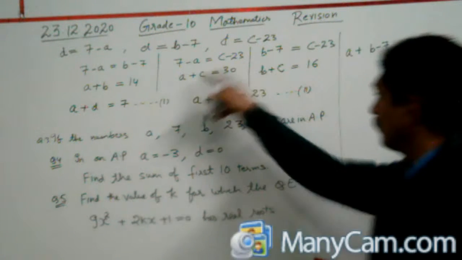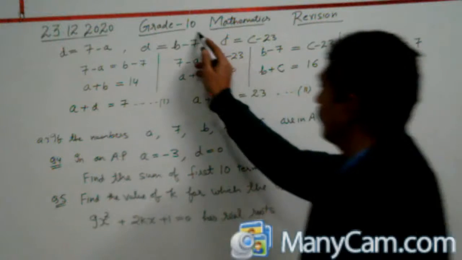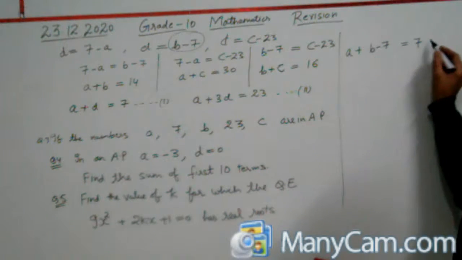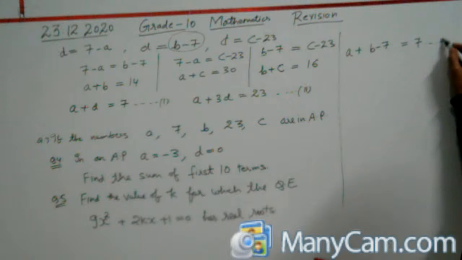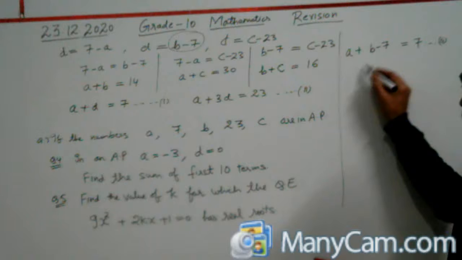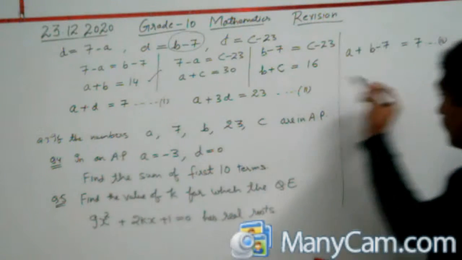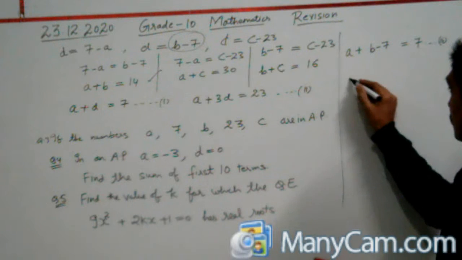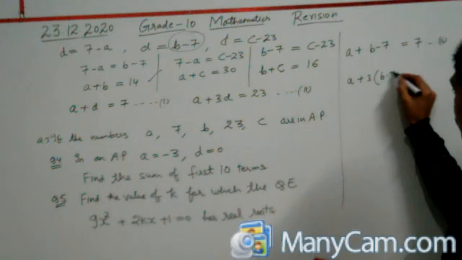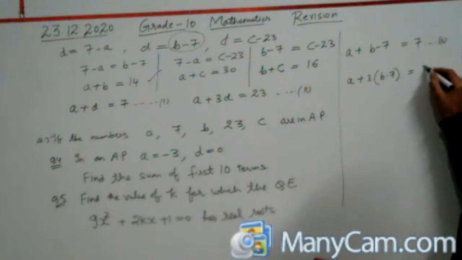So I am not taking these values, I am simply writing a plus b. In case of b, I am writing b here. So this is equation number 3, right? And next, here a plus b is 14, and the second equation, that is a plus 3b, again b minus 7, is equal to that is 23.